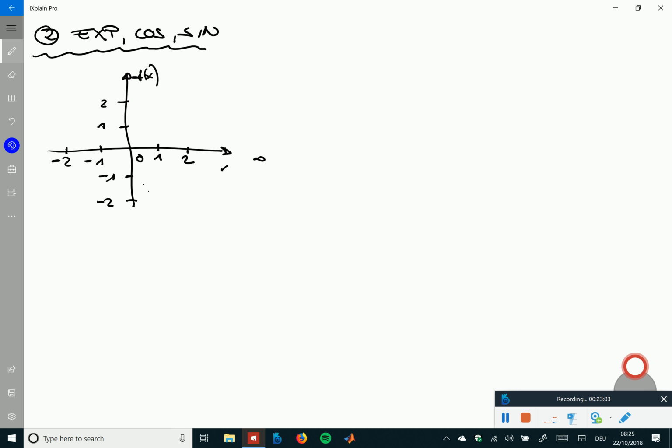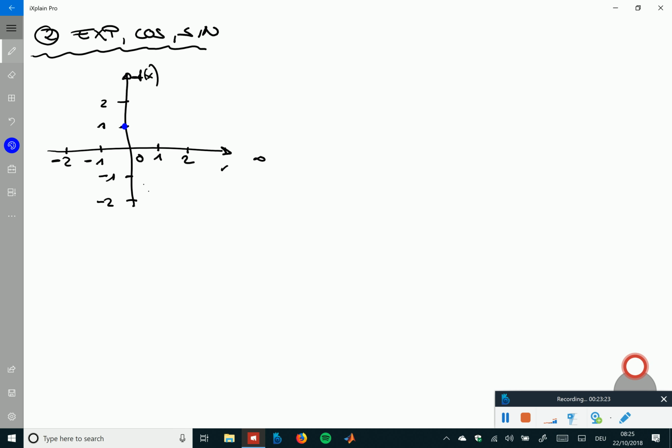There are essentially a number of features that are interesting about this graph. So first of all, if you put in x negative or positive, the exponential always comes out positive. So you can always use the exponential function to turn everything into positive numbers. If you put in 0 into the exponential function, you get 1.